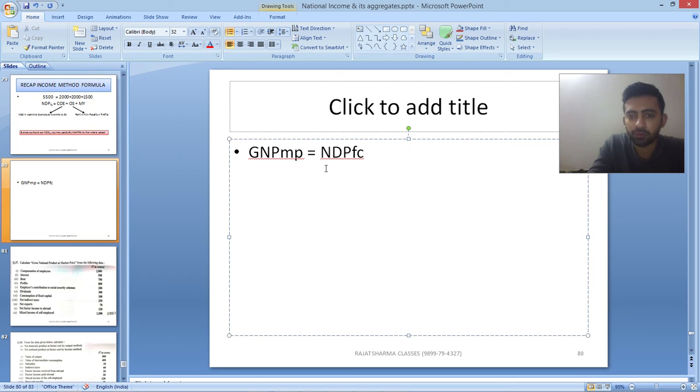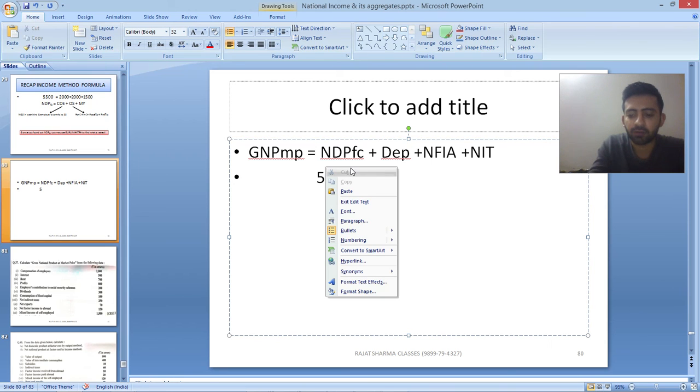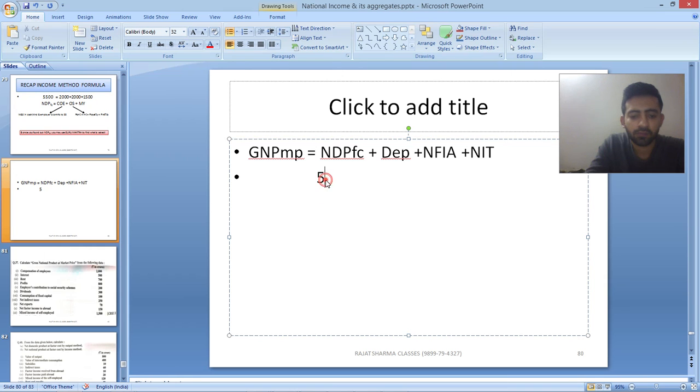Net is a smaller value. We add depreciation. Domestic. Domestic is a smaller value. We add NFIA. And FC. FC is a smaller value. We add NIT, net indirect taxes. This is something we have done earlier. This was 5500.